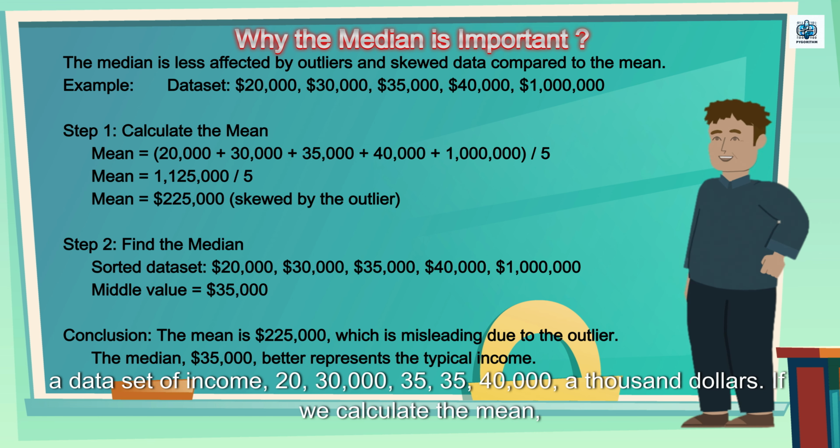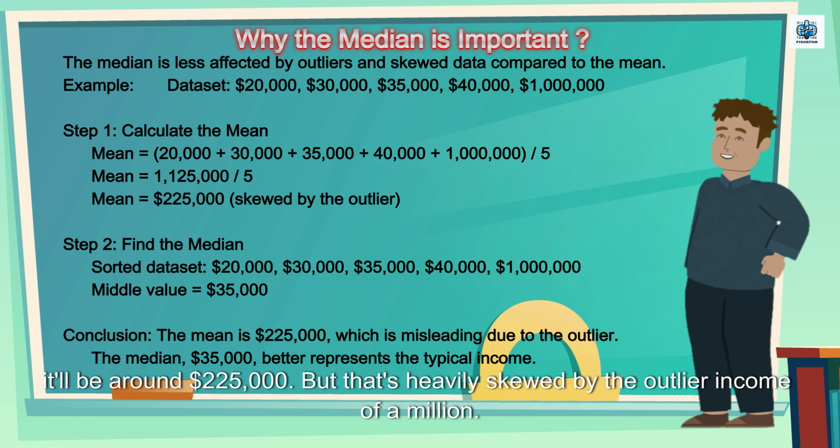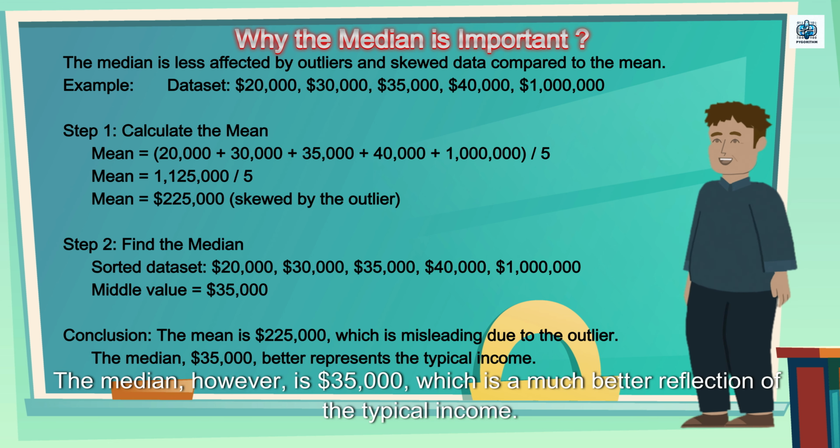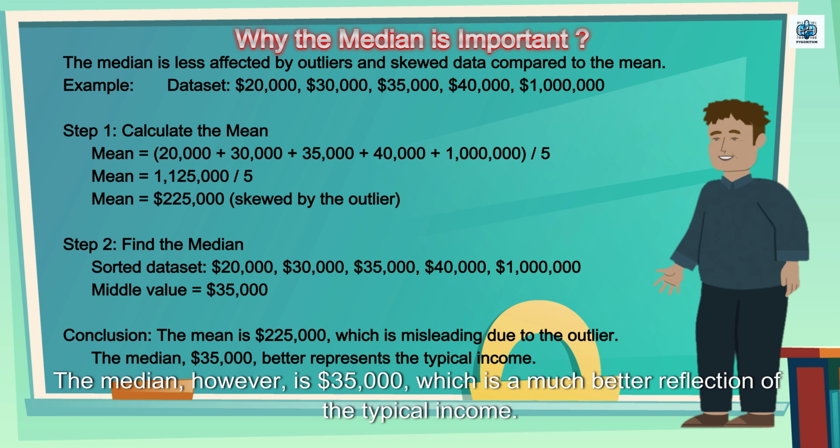If we calculate the mean, it'll be around $225,000. But that's heavily skewed by the outlier income of $1 million. The median, however, is $35,000, which is a much better reflection of the typical income.